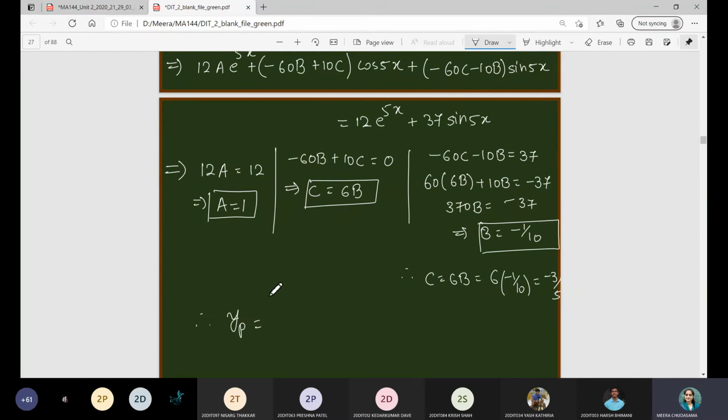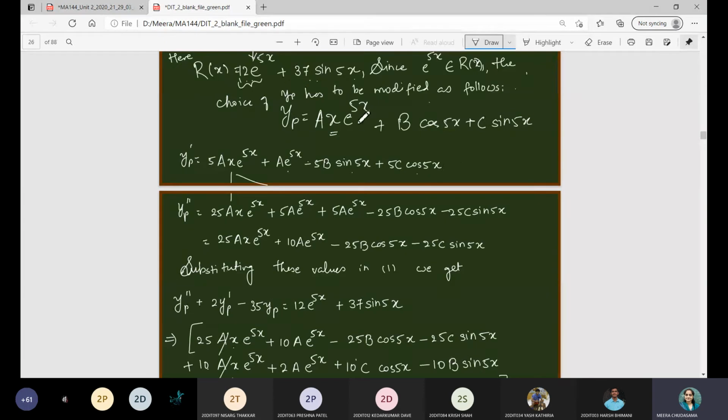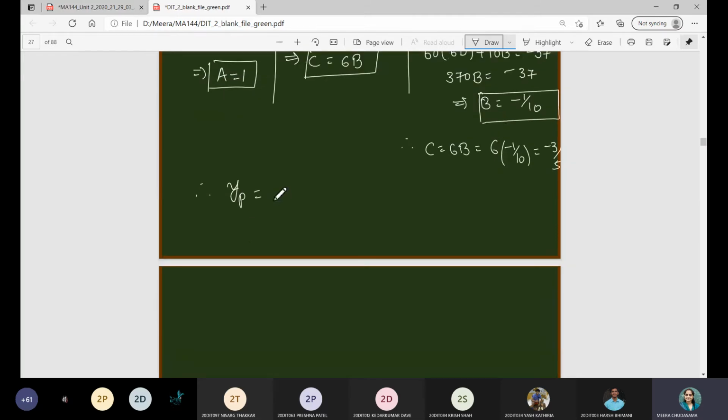So yp will be what? yp we have considered a x e raised to 5x plus b cos 5x plus c sin 5x. So I will write it over here. A is 1, so e raised to 5x into x, plus b cos 5x. B is negative, so I will just consider minus 1 upon 10 cos 5x, plus c sine 5x. C is also negative, that is minus 3 upon 5 sine 5x.